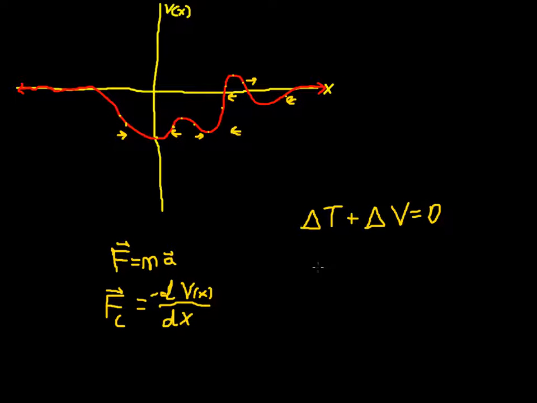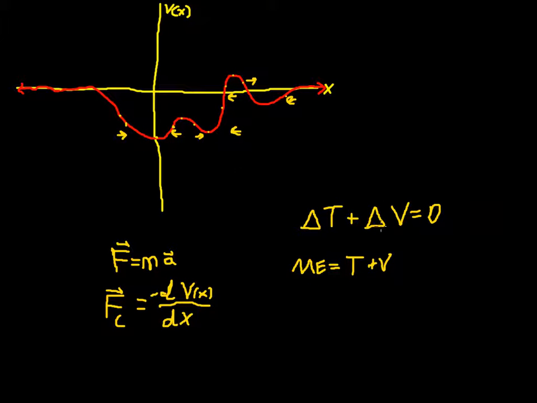Mechanical energy, just do ME, is equal to the kinetic energy plus the potential energy, and I'll talk a little bit about what kinetic energy and potential energy are. Kinetic energy is a T. Sometimes people will say KE, but I'm just going to stick with the T and V convention.